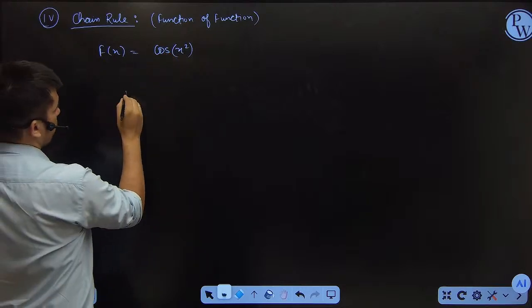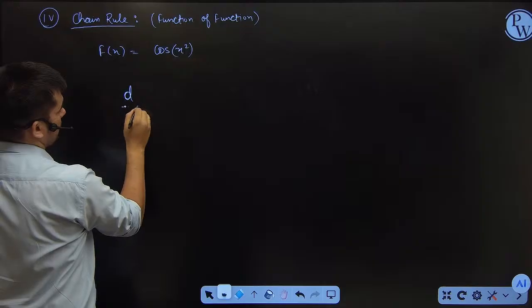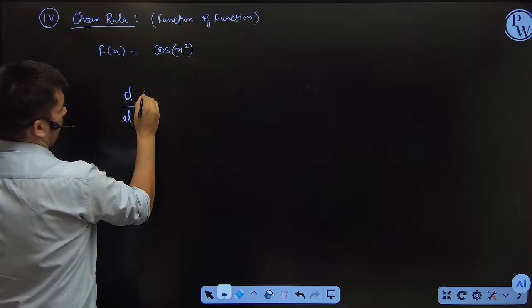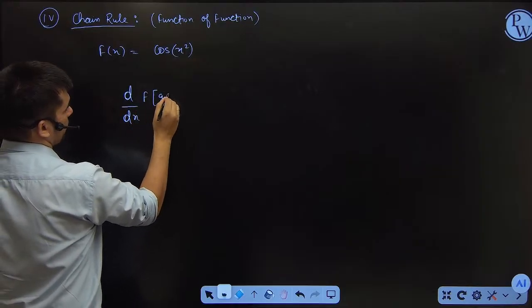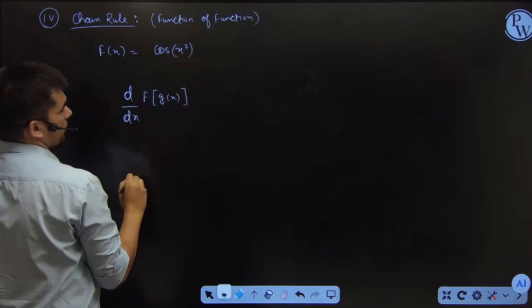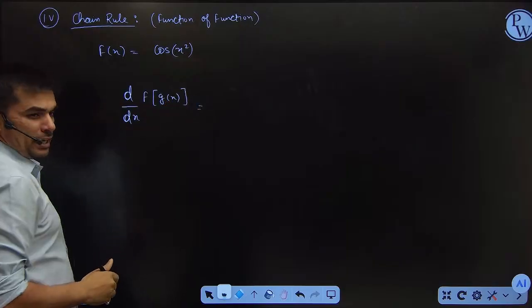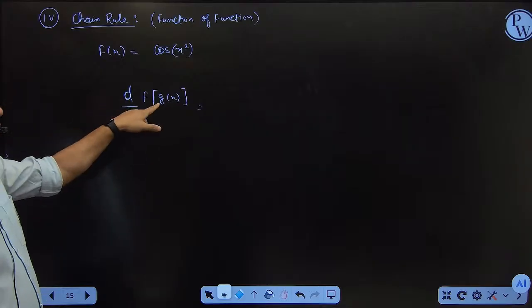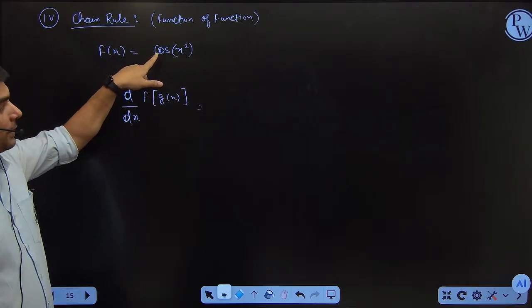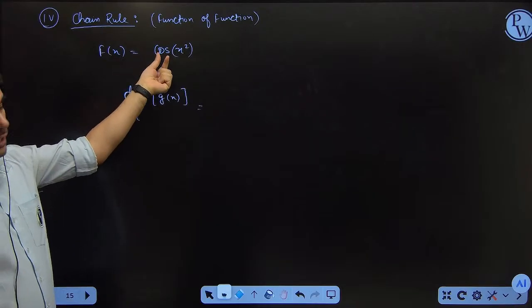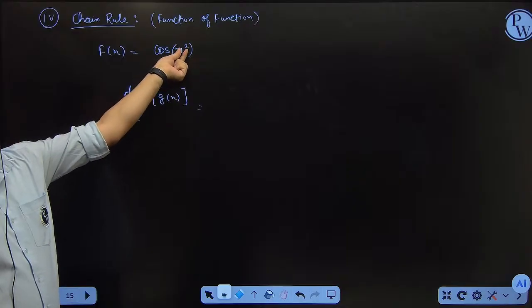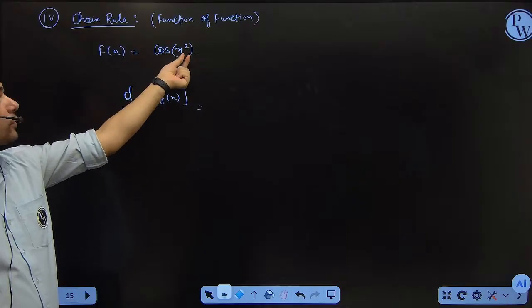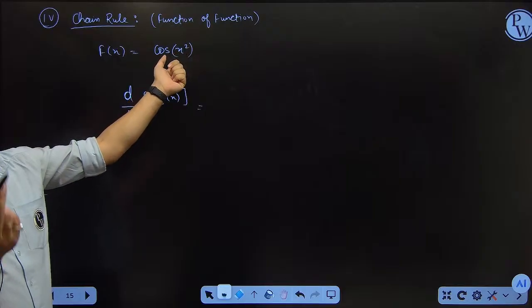So whenever you have a function of function, that means d dx of f of gx is given to you. The simplest form I'm taking here. In this case your f is going to be cos. What is gx in this case? x square. So cos function is a function of x square, and x square is in turn a function of x.